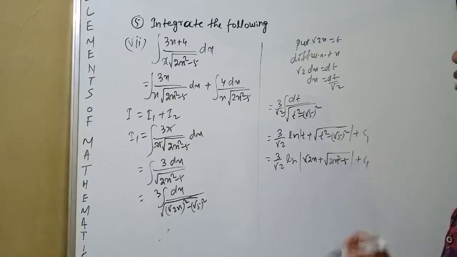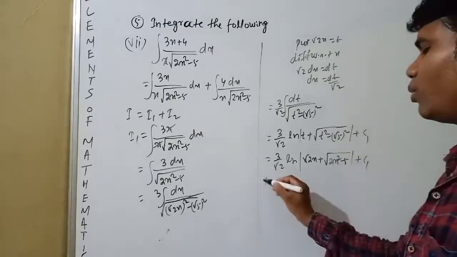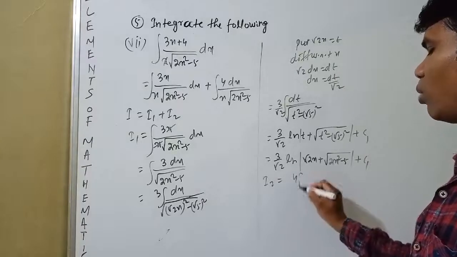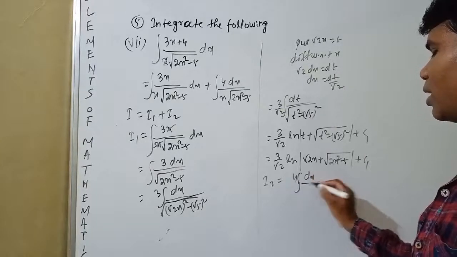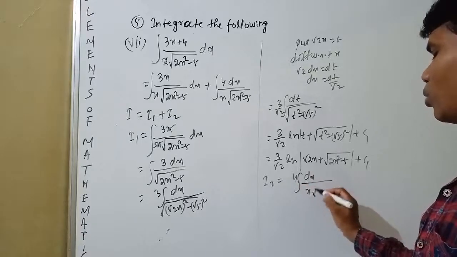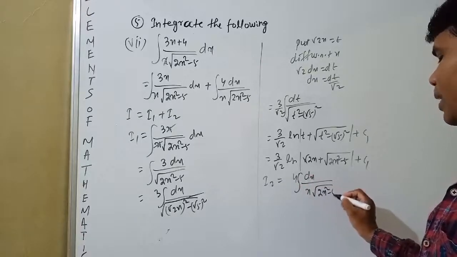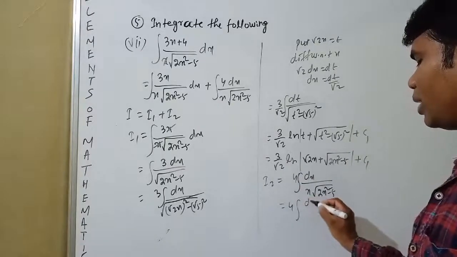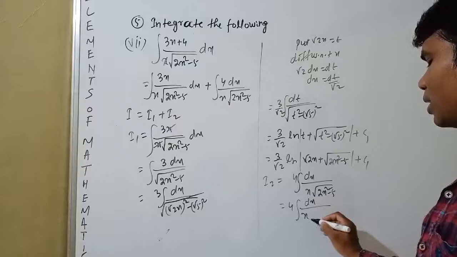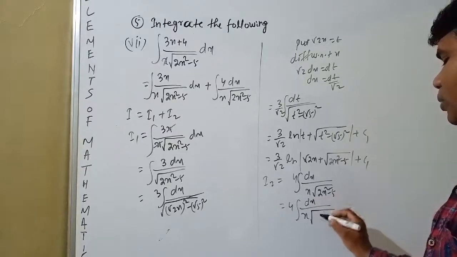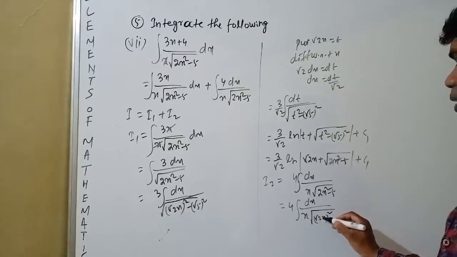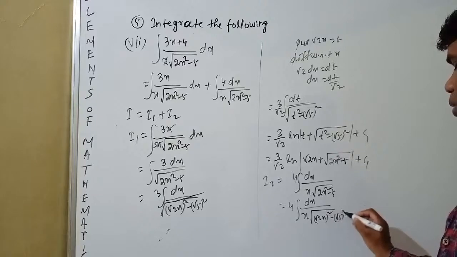plus c1. Okay, now you operate I2. I2 is equal to how much, 4 dx by x into root over 2x square minus 5. Okay, here you write 4 dx by x, you say 2x square minus 5, that is you say root 2x is equal to, here also root 2x whole square minus root 5 whole square.